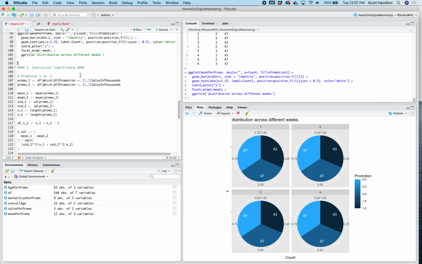So the first thing that we're doing is we're setting up our 2 samples, okay? And when we're running t-tests, we're comparing the means of 2 different samples, and we are trying to see if there is a statistically significant difference between these 2 different samples. So t-tests are used in a variety of applications. Here we're putting it to A/B testing.